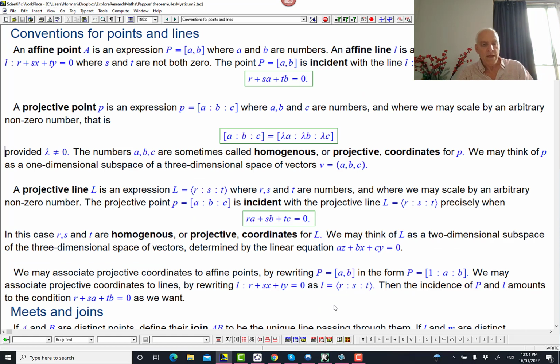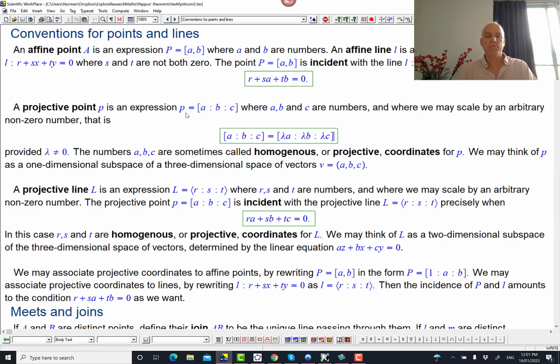Okay, so now there's a corresponding notion in the projective world. Okay, so in the projective world, we try to work with homogeneous coordinates. That is, where we're specifying points or lines or whatever up to a scale. We allow ourselves the possibility of multiplying everything by a non-zero scalar. So we're using this sort of proportions language, A to B to C. So a proportion A to B to C enclosed in square brackets.